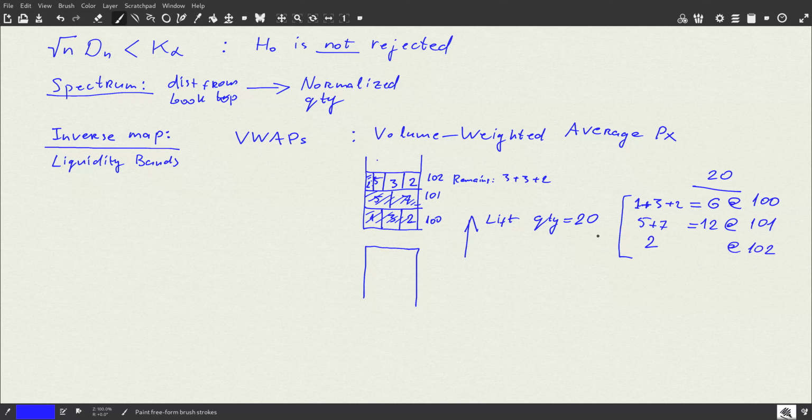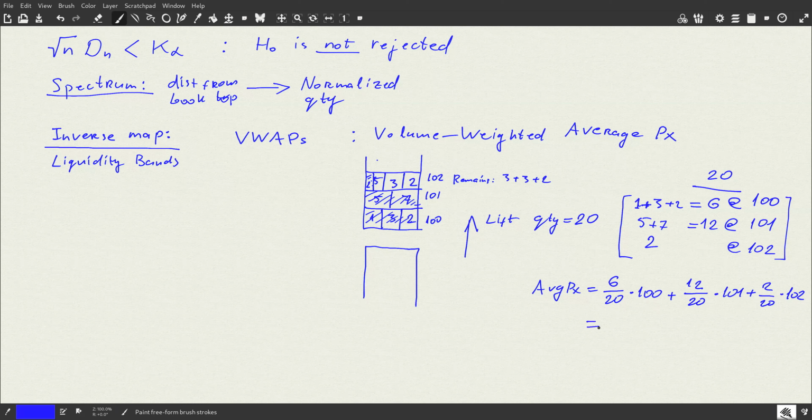So what is the average price at which they get it? The average price is 6 over 20 times 100 plus 12 over 20 times 101 plus 2 over 20 times 102. Or equivalently, you can calculate the total price for this quantity 20 and divide it by 20.